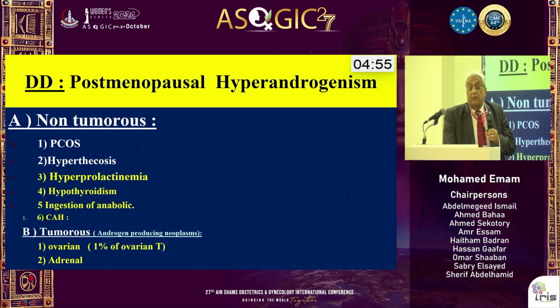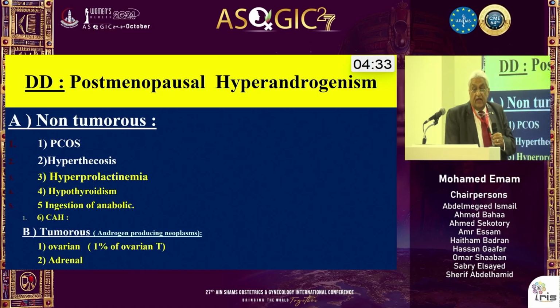Now, what is postmenopausal hyperandrogenism generally? We know that it includes 9 factors, including tumorous factors, which are androgen-producing neoplasms, ovarian and adrenal. But I stress here the first 2 items, which are polycystic ovarian syndrome and hyperthecosis, which are missed by us.